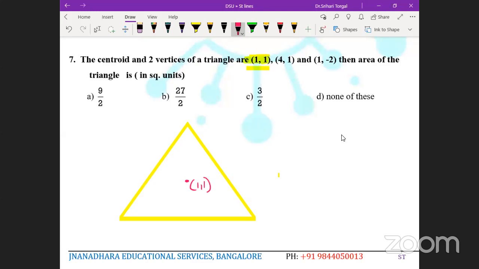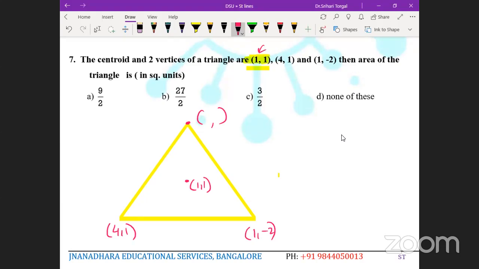As 1, 1. And other 2 points are 4, 1 and 1, minus 2 like this here. And we don't know this point. They have given only 2 vertices of the triangle and this 1, 1 as centroid.